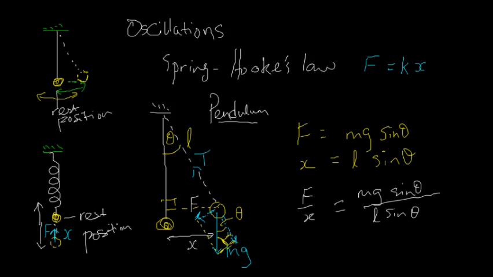Now, why would I do that? Because then I have sine theta on top and sine theta at the bottom, and they cancel. That's nice because I really just want a relation between x, the displacement, and the force. I'm not so interested now in the angle.